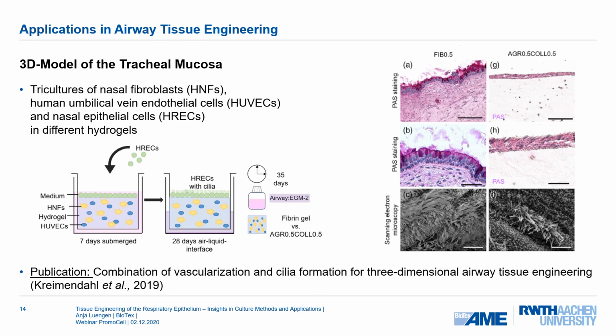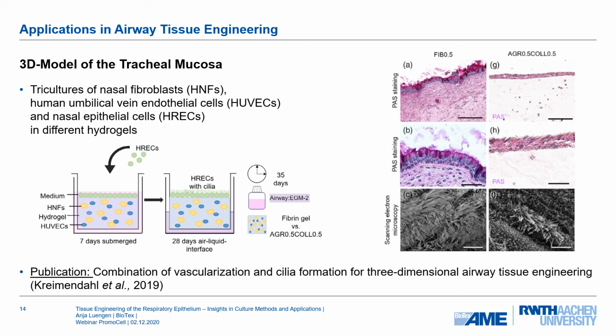But let's now come to some applications of respiratory epithelial cell culture in tissue engineering. In an earlier study published by our group in 2019, a 3D model of the tracheal mucosa has been developed by combining nasal epithelial cells, nasal fibroblasts, and human umbilical vein endothelial cells, or HUVECs for short.